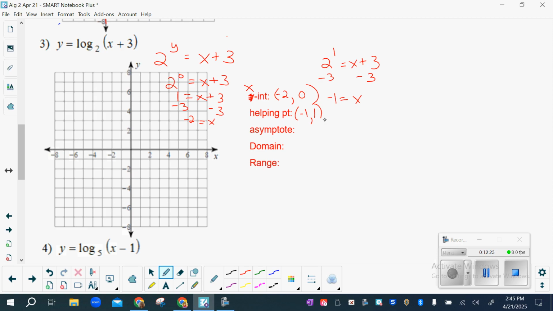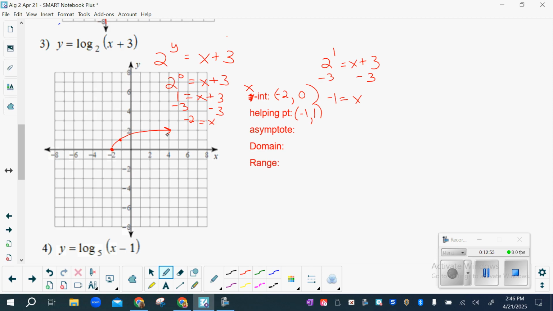So now, asymptote. Let's go ahead and graph these 2 points: -2, 0 and -1, 1. And my asymptote on this one, I know my graph is going to get flat like that, just like the last ones. So my asymptote on the last one was x equals 0.